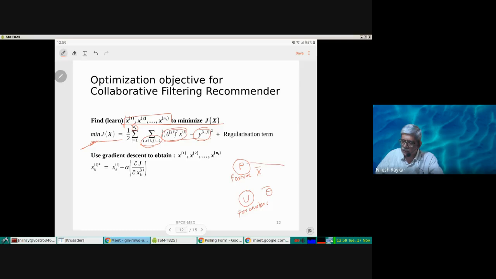The ratings given by these users are defined in terms of theta transpose X. That is how we define the problem. If you know the feature vector, one can obtain the parameter vector. That is a content based recommender. And if you know the user parameters, one can find the features for the product. What is required is the ratings given for a certain number of books or products.